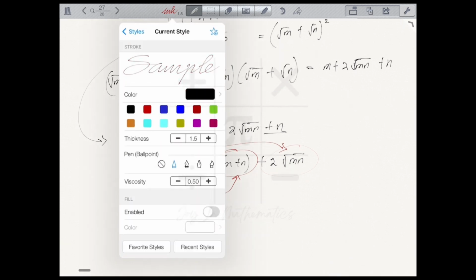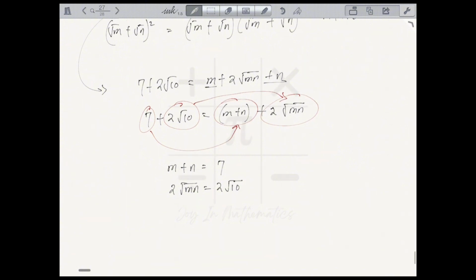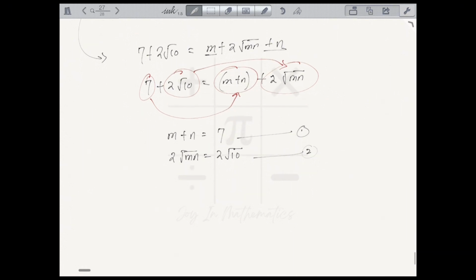So in essence, from equality of surds, m plus n is equal to 7 and 2 root mn is equal to 2 root 10. So with this, we have two equations. This one is equation 1 and we can call this equation 2.